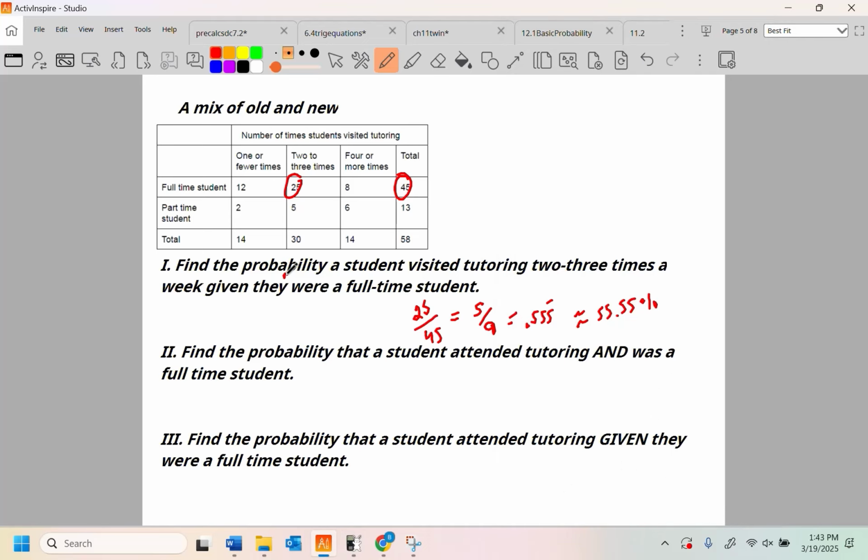All right, find the probability that a student attended tutoring and was a full-time student. So they go to tutoring and they're full-time. So this is something that we call overlap. And it's also the both situation. There are 58 total students.